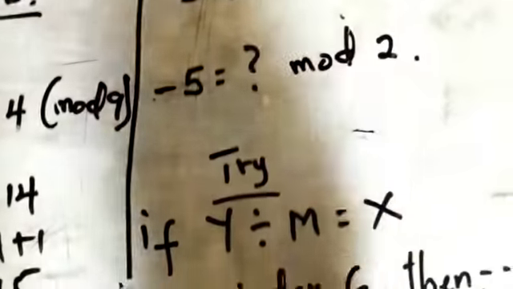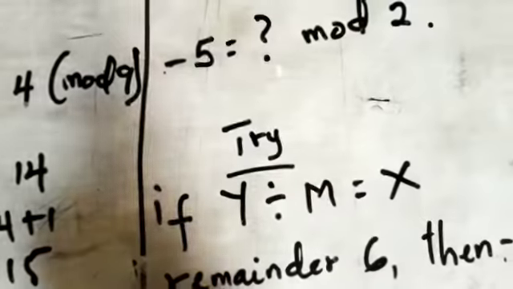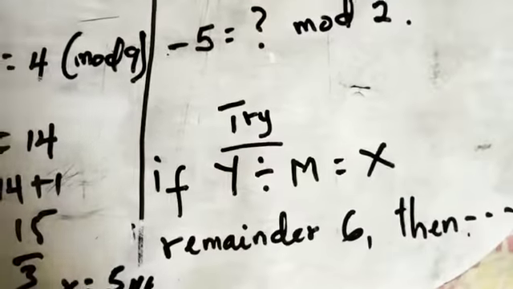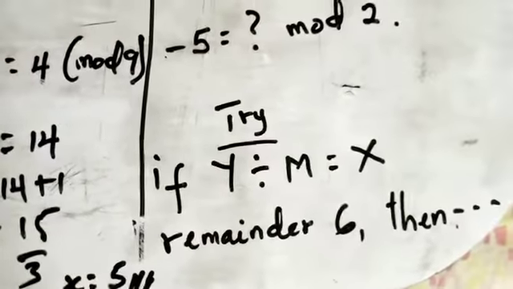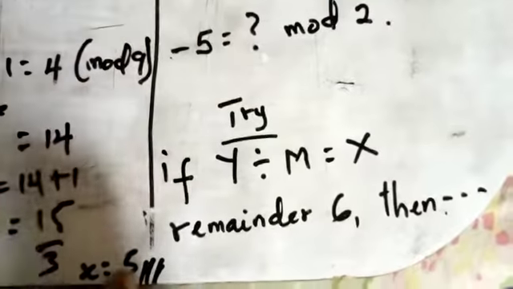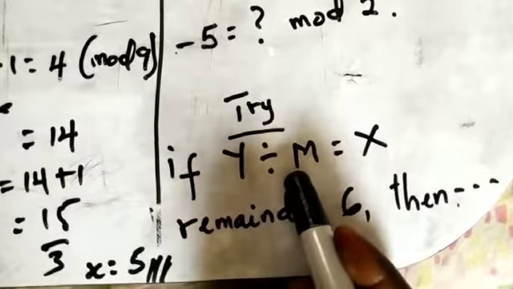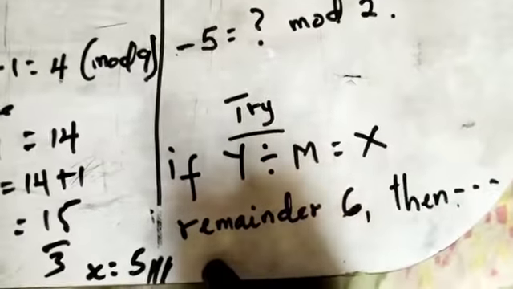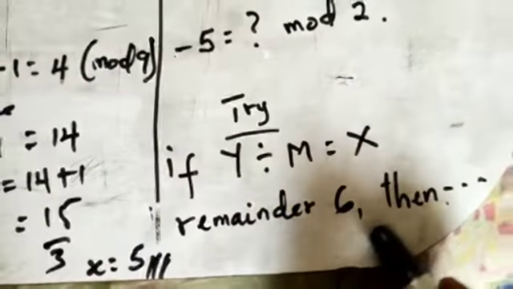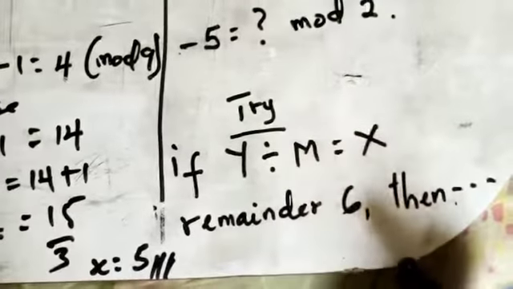The latter part here is a very interesting one. So try these 2 questions and give me the answer. Here it says that if y divided by m is equal to s, then the remainder is 6. What do you think would be the expression in modulo form?